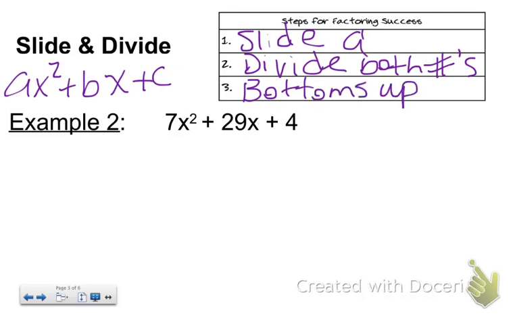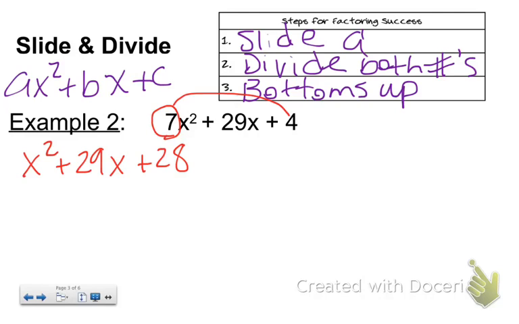So you'll see what that means in just a second. First thing you're going to do is slide. So I'm going to take this 7, and I'm going to slide it over to the 4. 7 times 4 is 28. So now I'm left with x squared plus 29x plus 28.